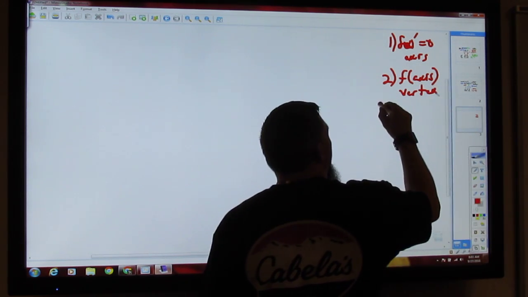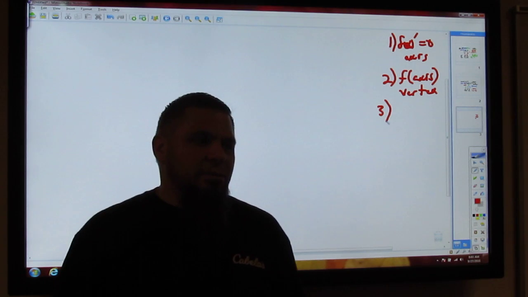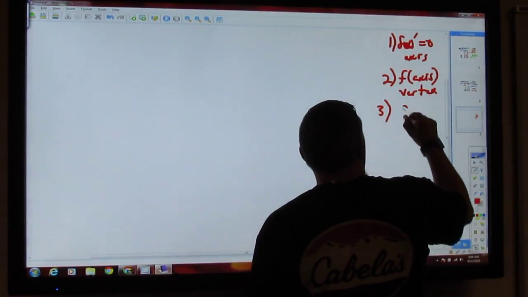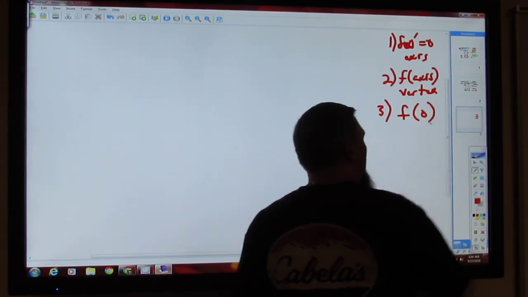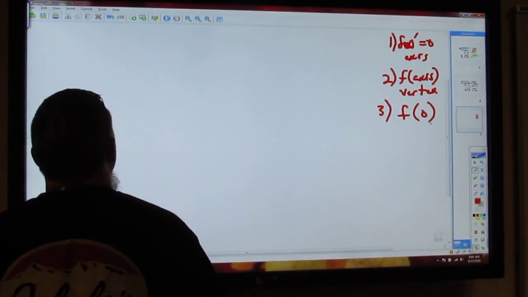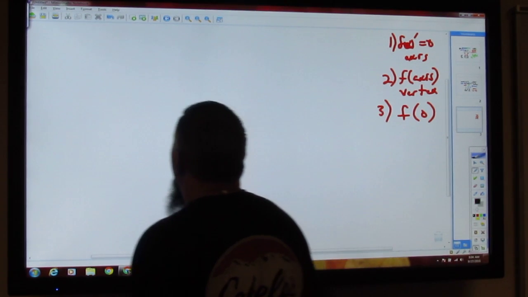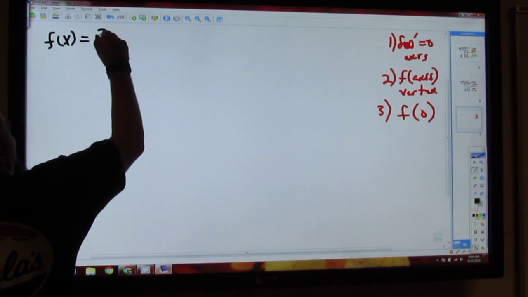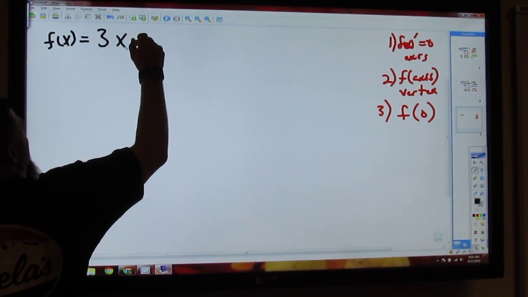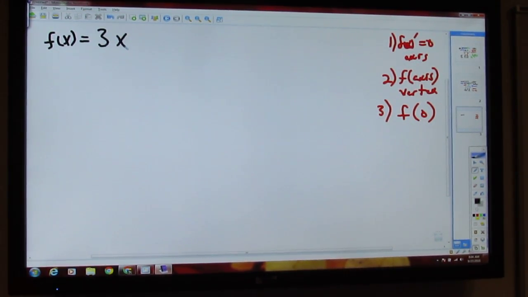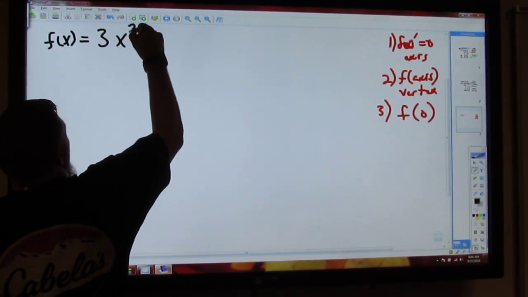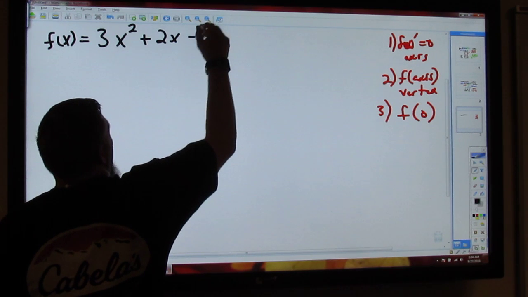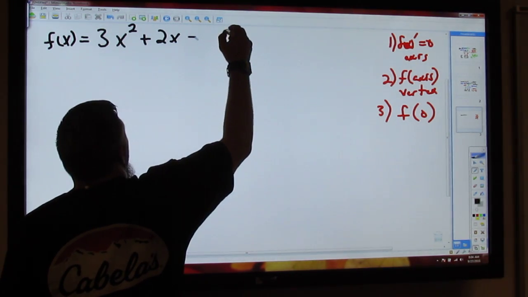And step 3 is f of 0. What was f of x? 3x squared plus 2x minus 8.